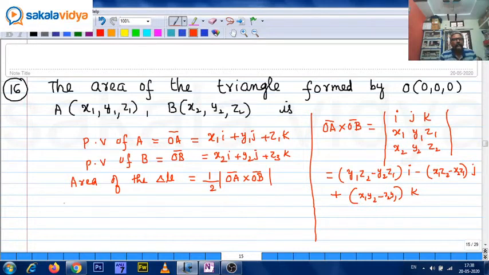So we need to find the modulus. The modulus of the vector is given by the square root of the i component squared plus j component squared plus k component squared.